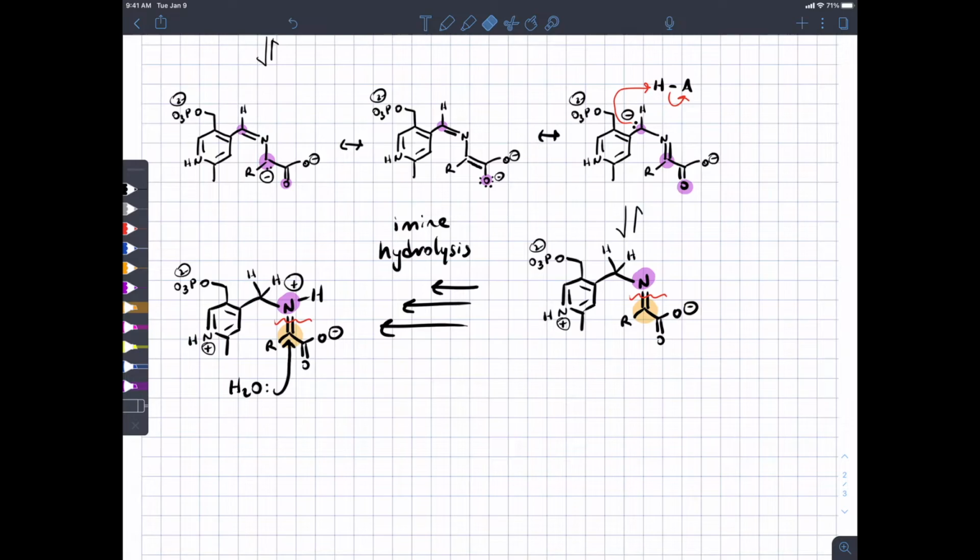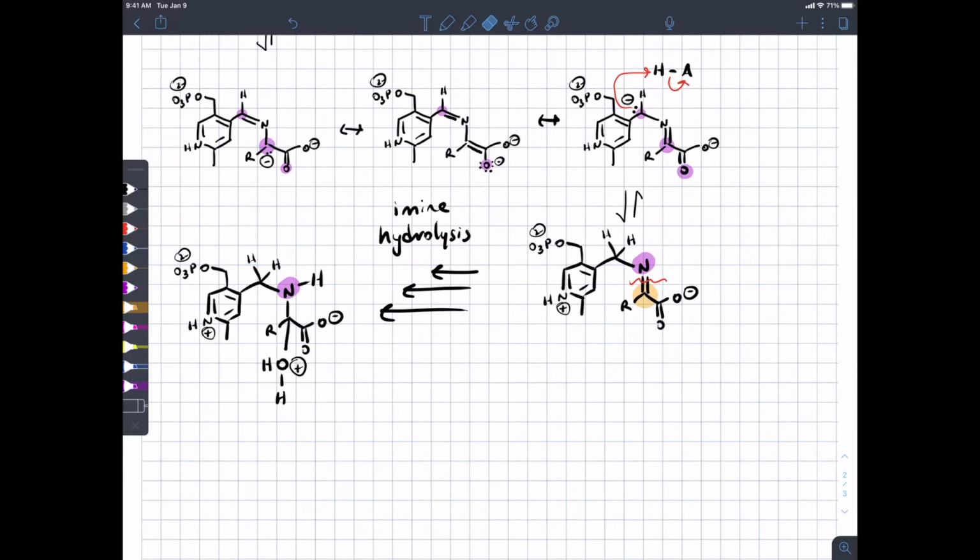Then after water attacked, you would have this intermediate, and the nitrogen would no longer be positively charged. But we want water to stay and nitrogen to leave, so we need to change who's the good leaving group. We would remove a proton from oxygen to make it the neutral OH group.